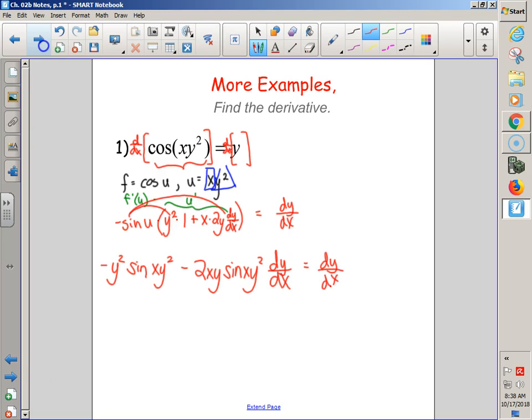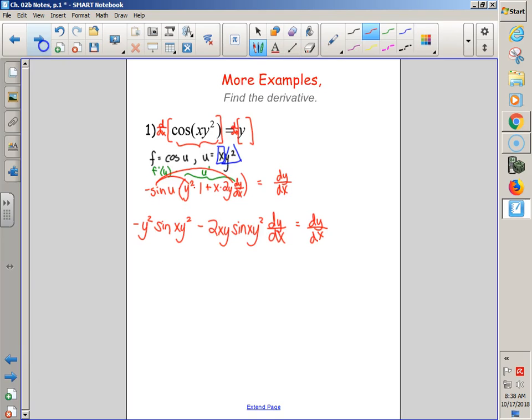I need terms just added and subtracted so that I can move them wherever I want them to go. So even though you might not like it, this negative sine of u does have to be distributed to both terms, because I need this dy/dx term to get to that one. And the only way to properly do that, not division, is to get that multiplication undone. Now I just have terms added and subtracted, where I can go ahead and just move them around.